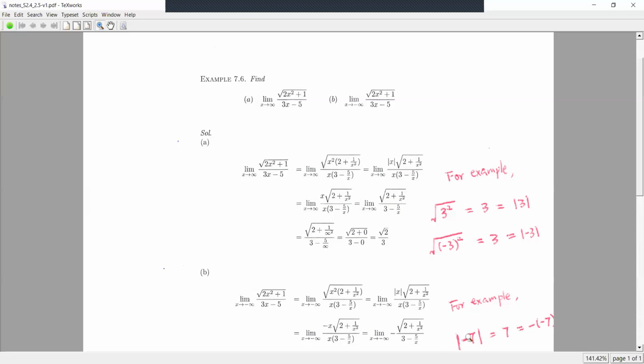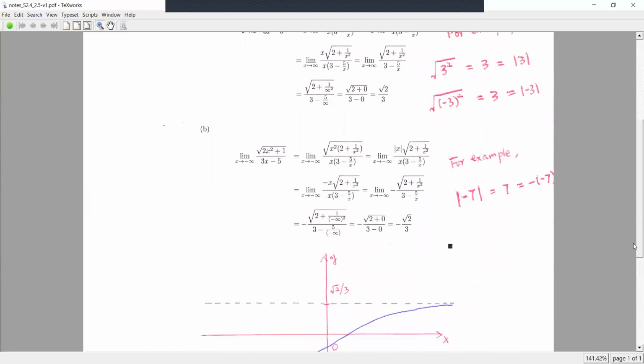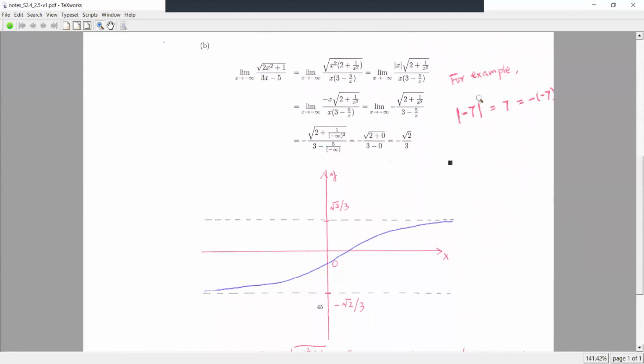For example, negative 7 is negative. The absolute value of negative 7 is positive. Now, to make the absolute value of negative 7 and negative 7 equal, we need to add a minus sign in front of negative 7. So we have this equation.